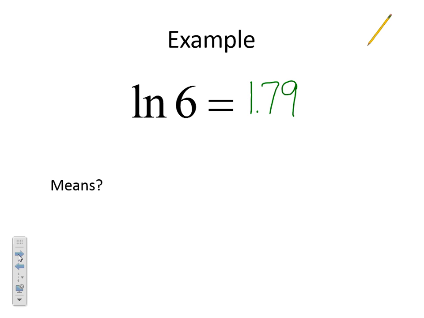We're asking the calculator what exponent on e, remember there's a little base of e for all natural logs, what exponent on e makes 6? So the calculator says e to the 1.79 makes approximately 6. So that calculator is giving us an exponent that's on an e whenever we type that natural log button.